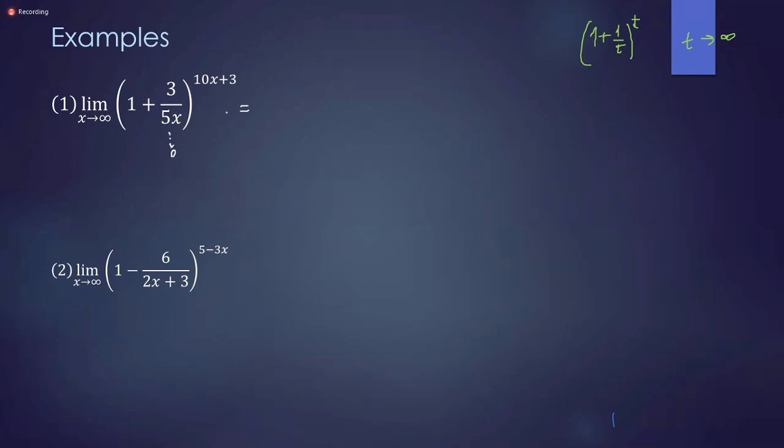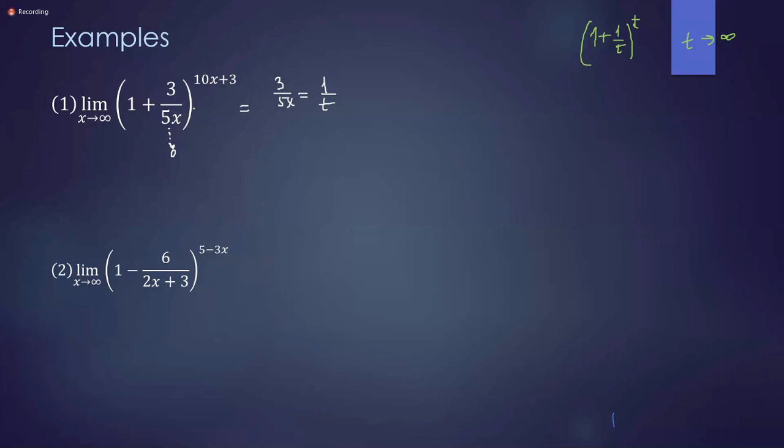So I will simply rename it. I will say, suppose 3 over 5x is now called 1 over t. That's it. Let's now call it from now on 1 over t. And I understand if x tends to infinity, then t also tends to infinity. Clearly.